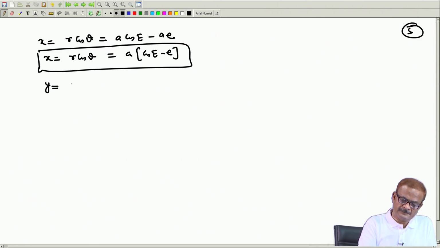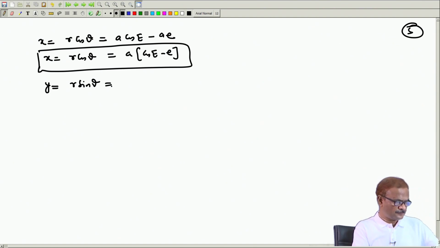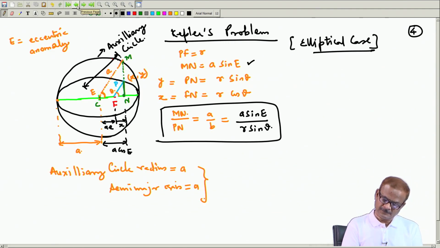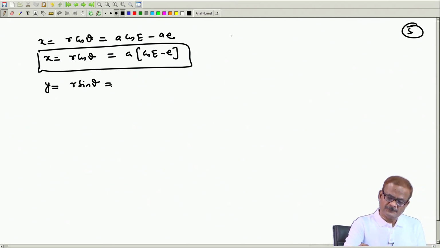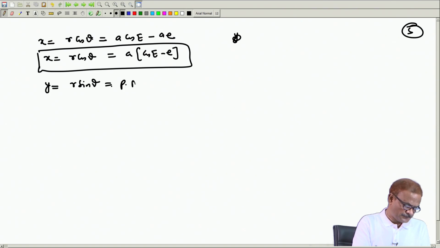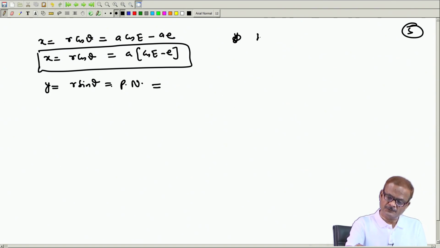And y equal to, already we have written, r sin theta. And for that we use this ratio equation. So, in this case PN is your y, this quantity is nothing but your y. So, y equal to r sin theta, and we use this relationship MN by PN equal to A by B, we have written.